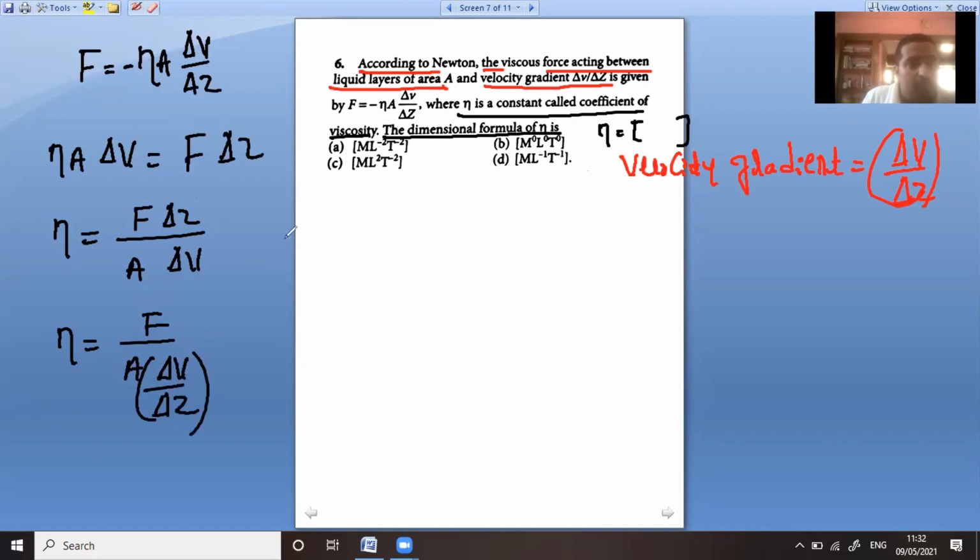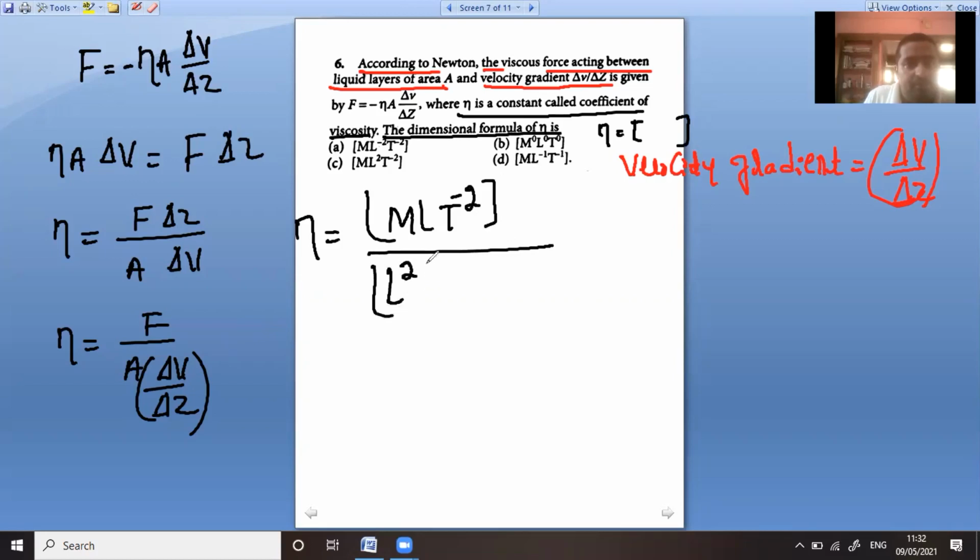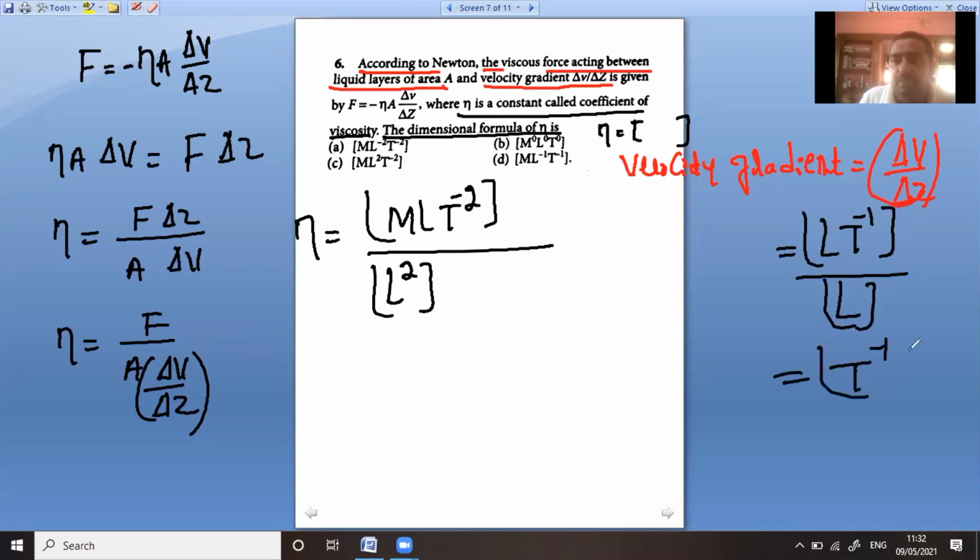Okay, so now eta is equal to the dimensional formula of F, M L T to the power of minus 2, divided by area, L square. Then what is the dimensional formula for velocity gradient? Velocity gradient is meter per second divided by distance L. So L and L cancel, leaving T to the power of minus 1.